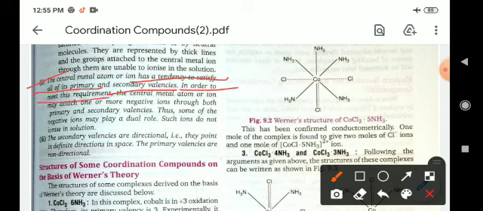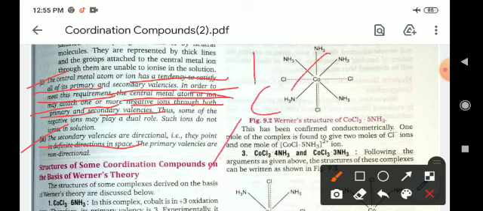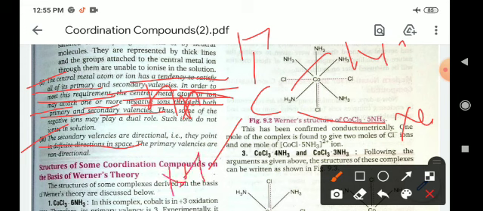To meet this requirement, the central metal atom or ion may attach one or more negative ions through both the primary and secondary valencies. The secondary valencies are directional and point in a definite direction in space. For example, with NH3, NH3, NH3 attached to the central atom through the secondary valency, it will form a geometry. So we can say that secondary valency is directional.